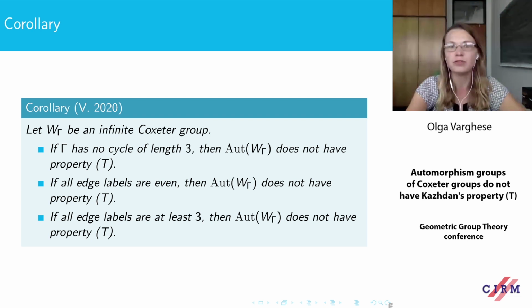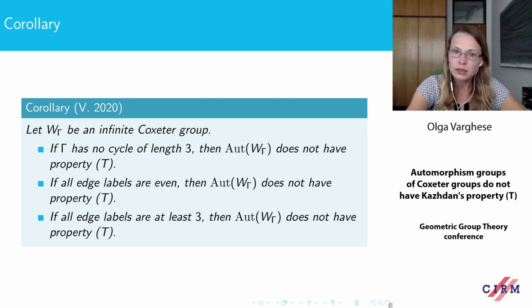So irreducible infinite Coxeter groups have always trivial center. So in particular, gamma has a maximal complete subgraph such that the corresponding special subgroup has trivial center. Hence, by part 1 of the main theorem, the automorphism group has no property T.